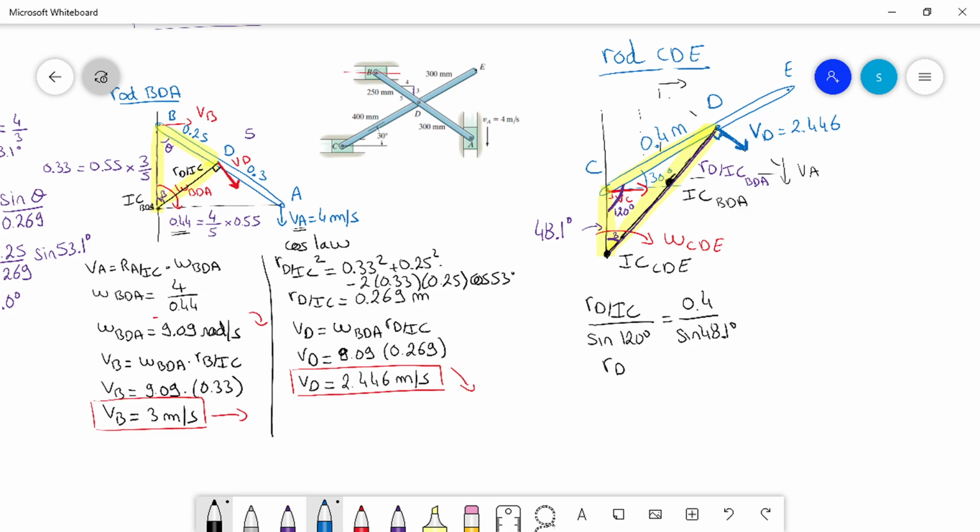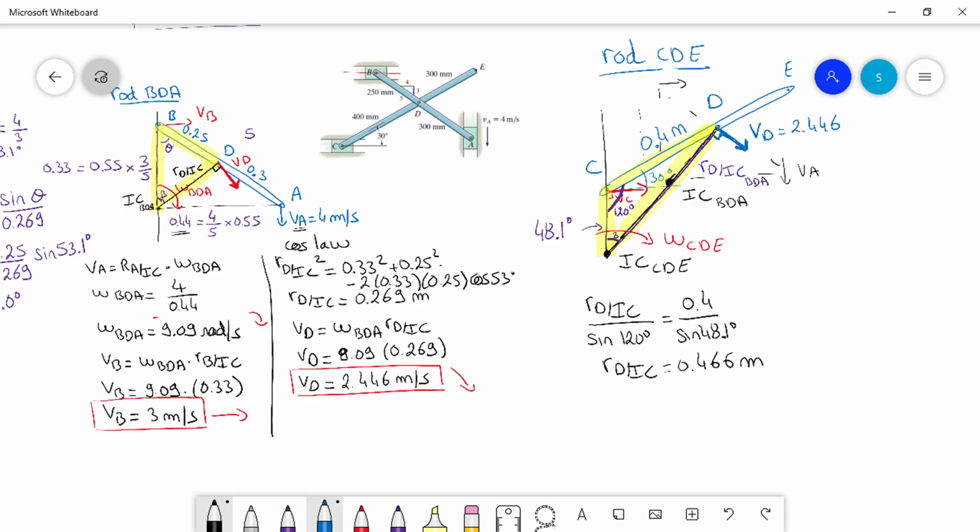So we got the RD about the new IC, that is equal to 0.4 times sine 120 divided by sine of 48.1. That gives us 0.466 meter.